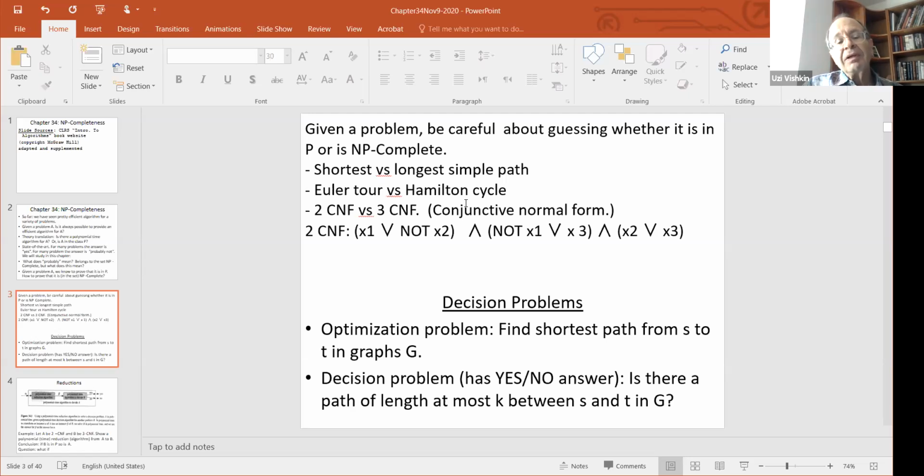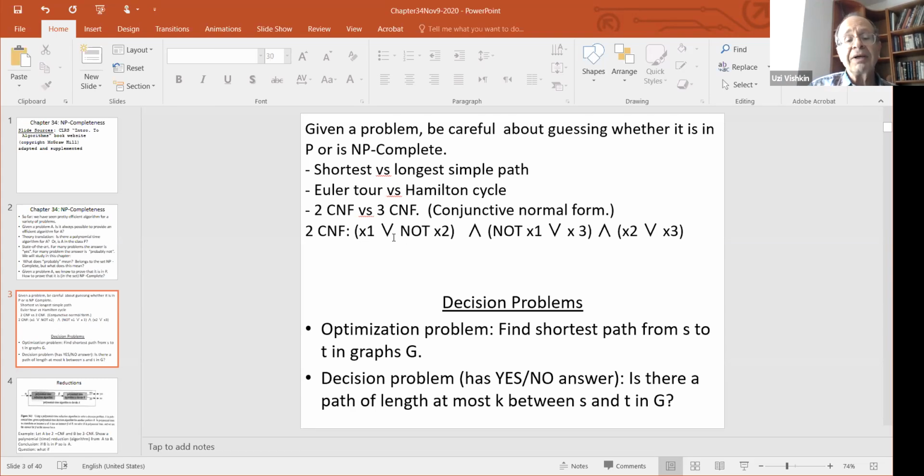And they are known by the name. So first, what is CNF? CNF is an acronym standing for conjunctive normal form. So what does it mean? It means that you can have literals, like a variable, and the variable can appear as is or with a not.